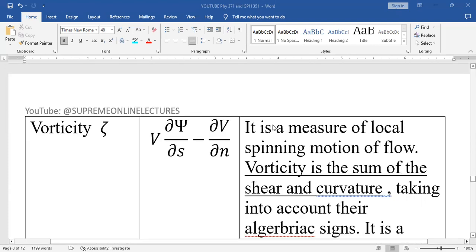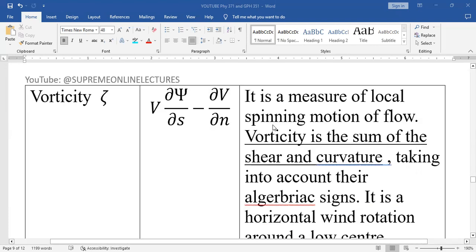Okay, so we now move down to the next one here, the vorticity. Vorticity has to do with rotation of fluid. If you look at what we have here, it is the measure of the local spinning motion of fluid. We can as well define it as the sum of the shear and the curvature.